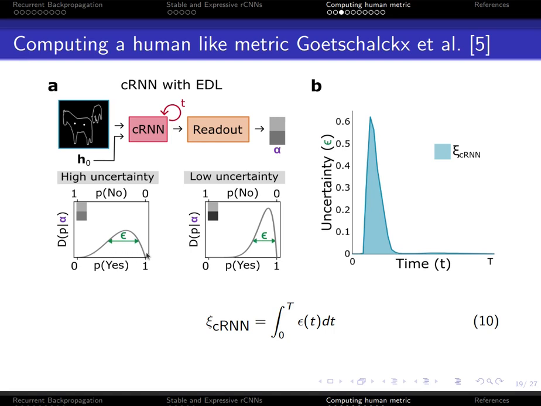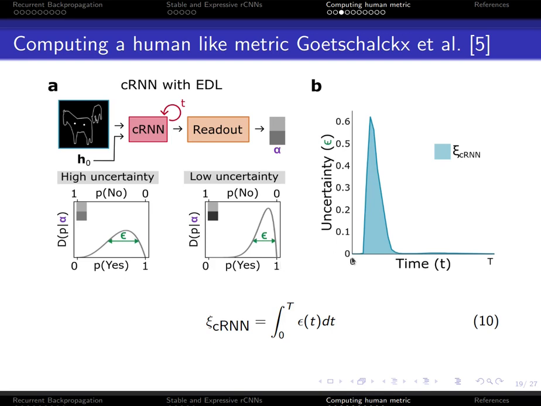Whenever these alphas are the same for both logits, so for the no and for the yes, the uncertainty is going to be high. And whenever this alpha is more concentrated to one side, so when one is a lot higher than the other, the uncertainty is going to be lower. You can think of the uncertainty metric as the entropy.